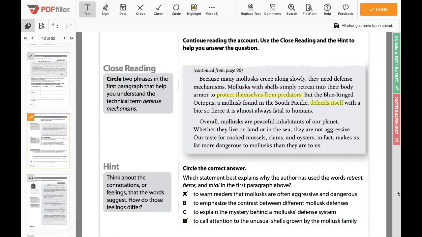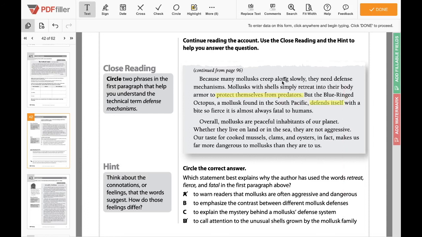So we need to figure out what the best explanation for why she uses those words is. So is she really trying to emphasize the difference between the mollusk defenses, or is she trying to explain more in depth the different types of mollusk defenses, or is she trying to compare and contrast them?